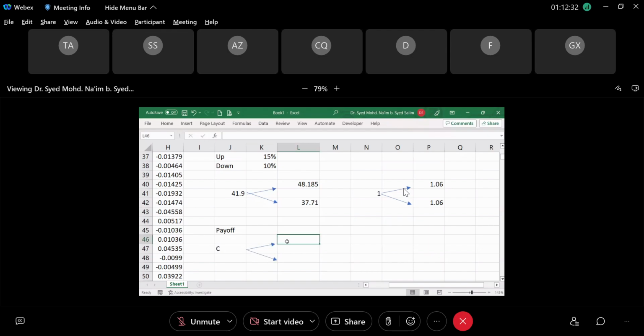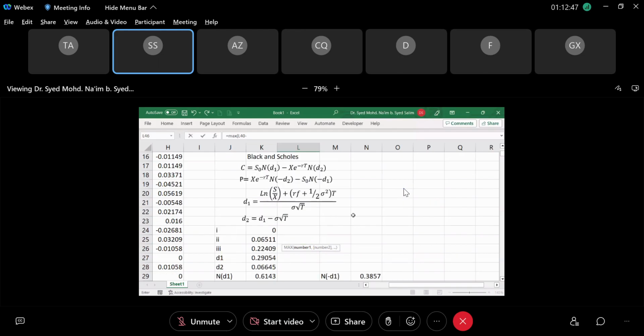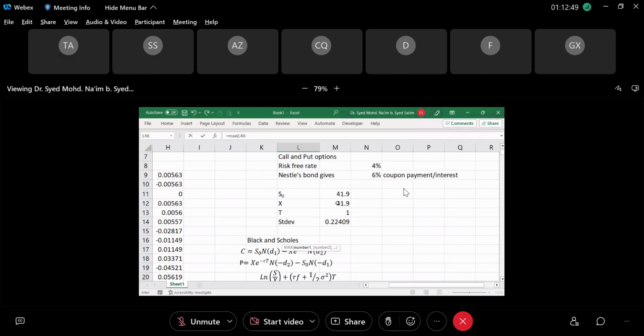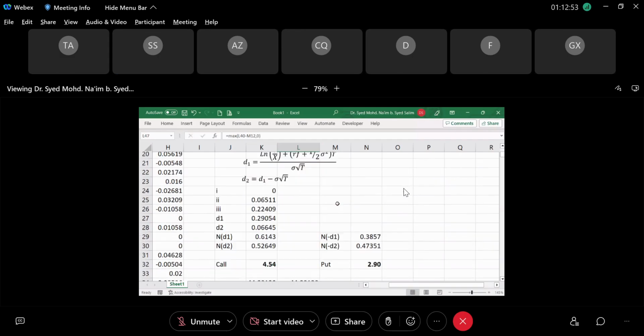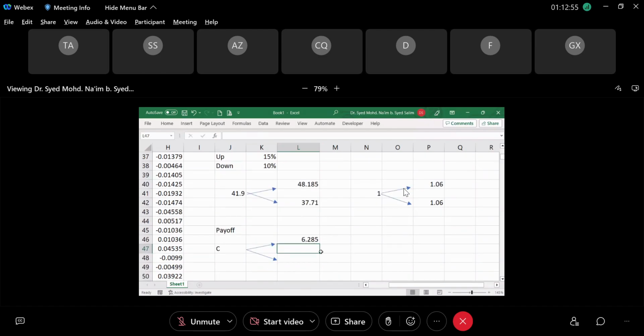So it goes up, it is max here. So for call option, it is price times that minus the strike price, strike price, 0, close bracket. So goes down, then goes max.